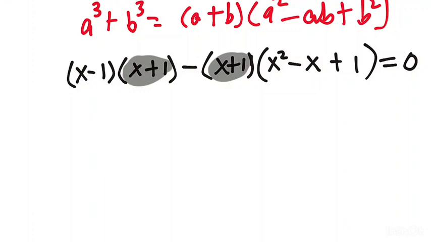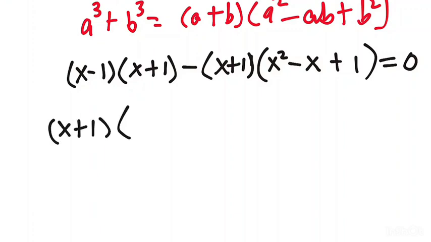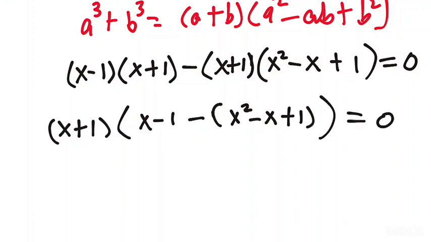Then if this cancels this, we are going to be left with x minus 1, so you put x minus 1 inside, and minus. If this cancels this, we are going to be left with this. Understood? So therefore, we're going to have into bracket x squared minus x plus 1, and close the bracket equals 0.